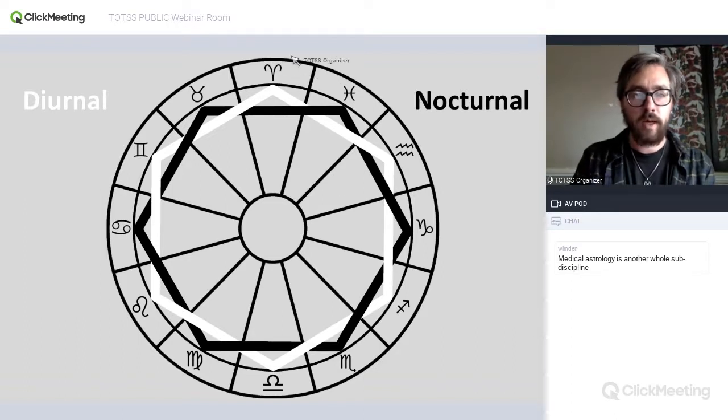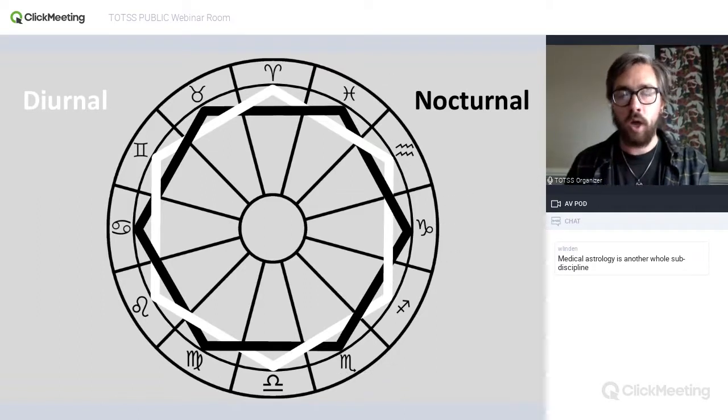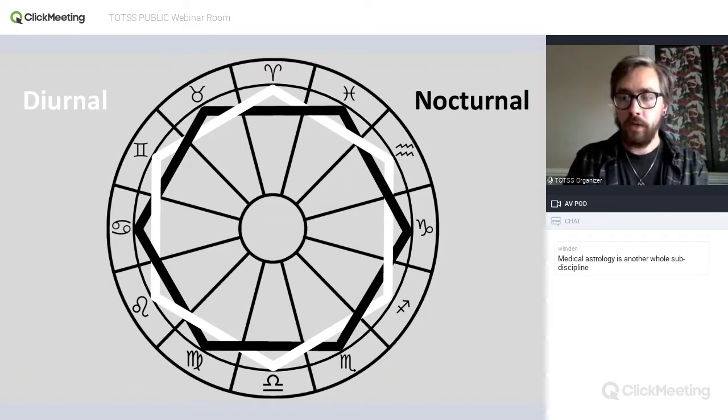So we have the diurnal signs: Aries, Gemini, Leo, Libra, Sagittarius, Aquarius, and then back to Aries again. Those are the diurnal signs, and then the black hexagon touches the 6 nocturnal signs, right? From Taurus, Cancer, Virgo, Scorpio, Capricorn, Pisces. Those are the 6 nocturnal signs. And again, the diurnal and nocturnal, they're joined by a hexagon.